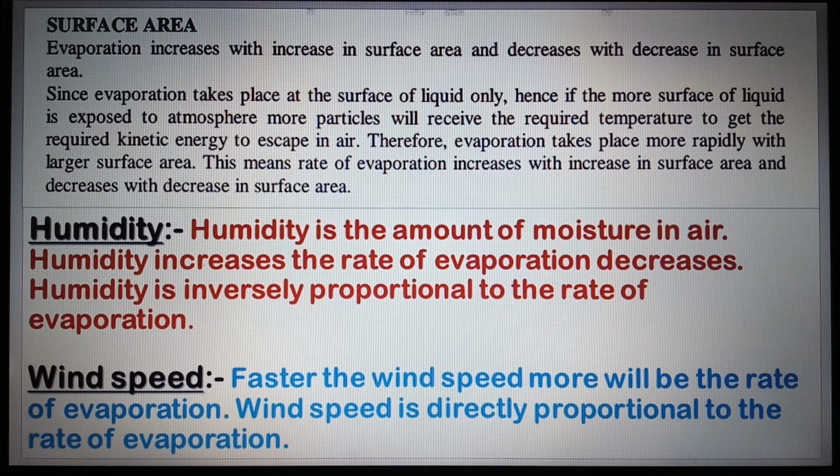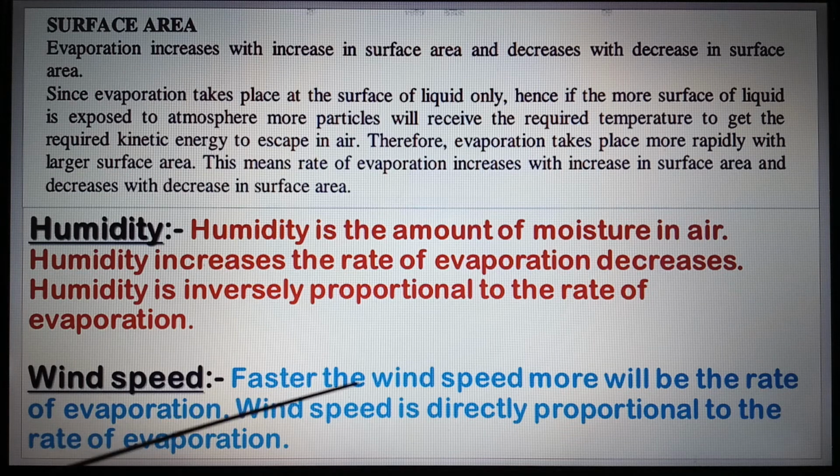Wind speed. Again, the more the wind speed, the faster the evaporation. If you keep a few drops of water while traveling in a vehicle, you will find that the water evaporates at a faster rate than when you stay in one place. So when you increase the wind or air speed, the rate of evaporation will be faster.